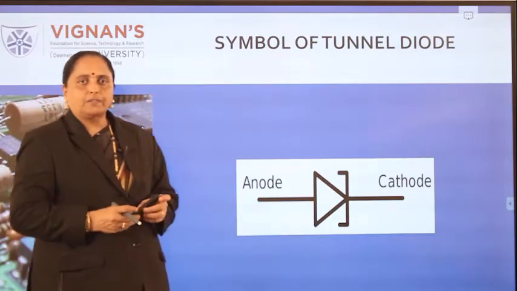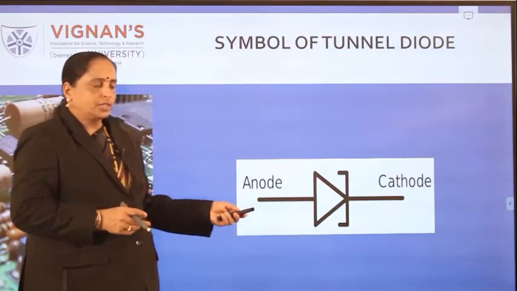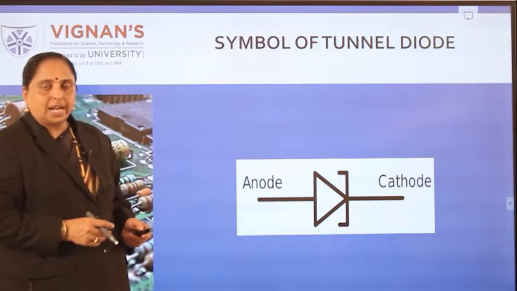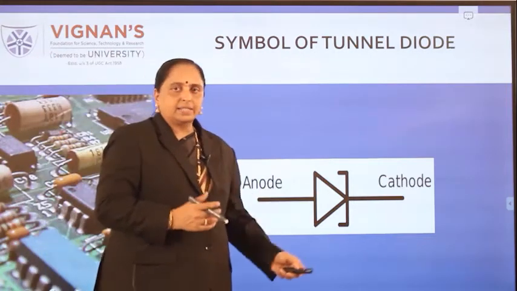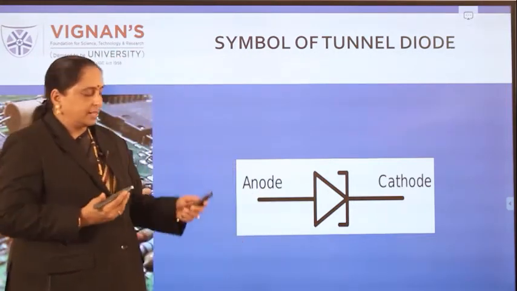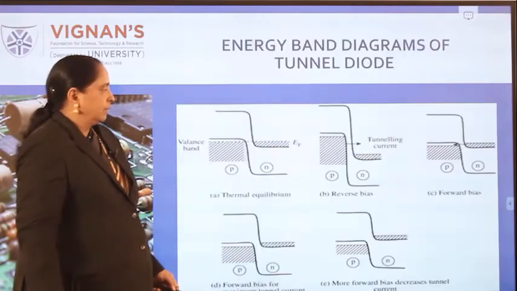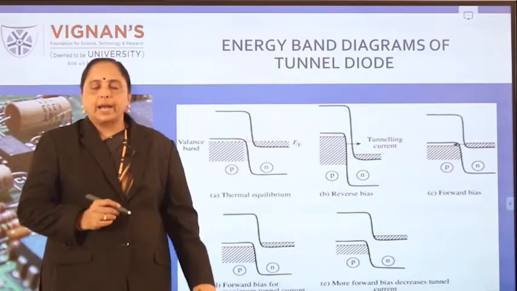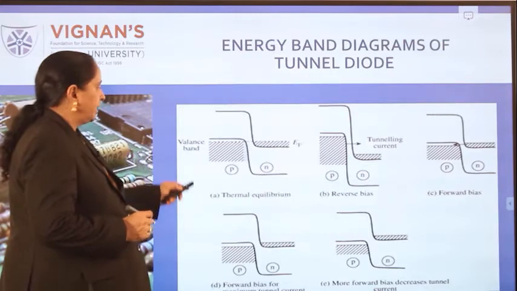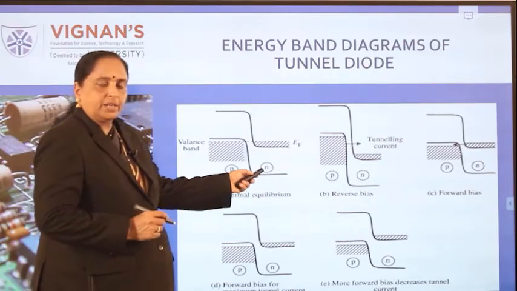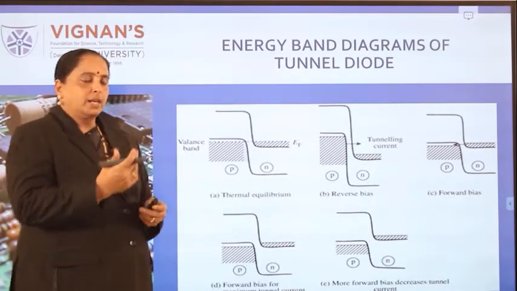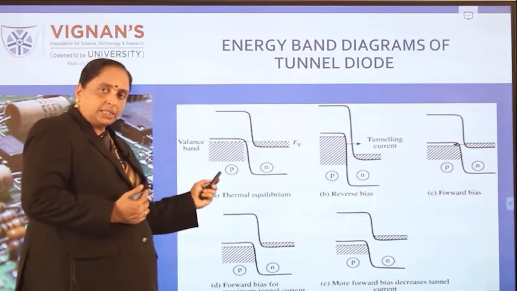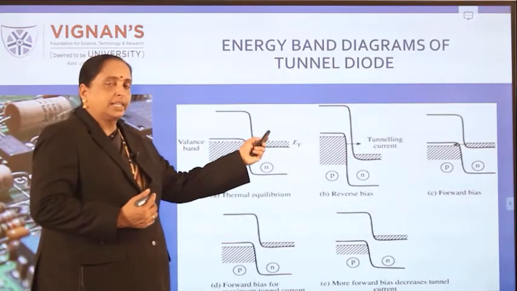See, this is the symbol of the tunnel diode. Here also the cathode construction is slightly changed, which indicates the flow of carriers as tunneling. Then we can also explain it with the energy band diagram. Here, this is the P side and N side. Because of heavy doping, the Fermi level will enter inside the valence band and inside the conduction band.